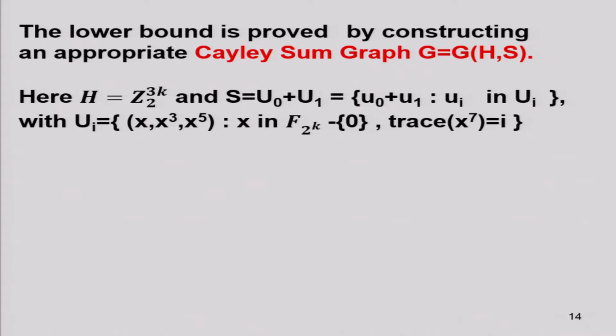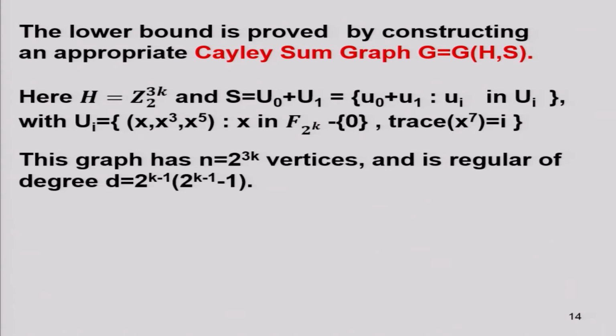And then each field element is a vector of length k. And we take the concatenation of x, x cubed, and x to the 5. And we also look at the least significant bit of x to the 7. If it is 0, then it gives us one set. If it is 1, it gives us another set. And we take all the sums of those elements. And again, as I said, it's not so important, just to give you a feeling of this graph.